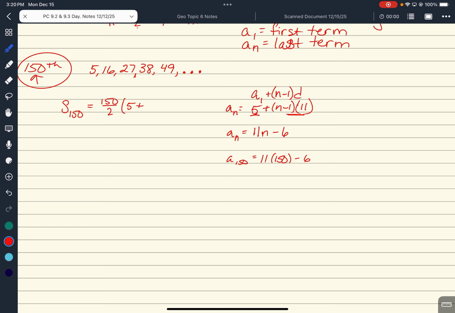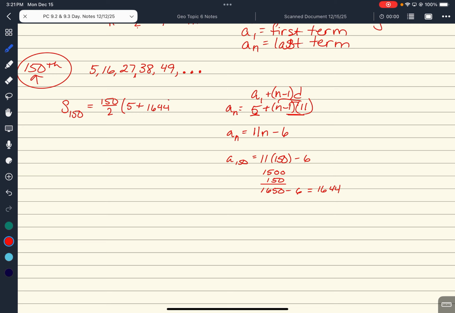a sub 150 equals 11 times 150 minus 6. How is it 11? Because you distribute. Okay, 150 times 11, I get 1650 minus 6, which is 1644. So a sub n is 1644.